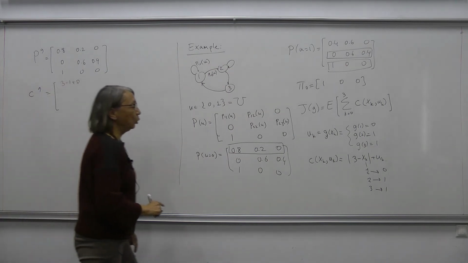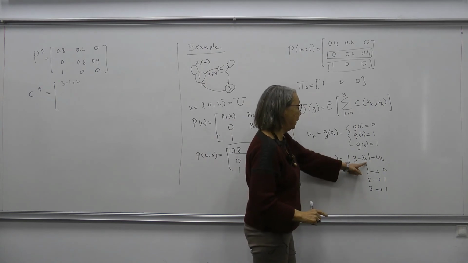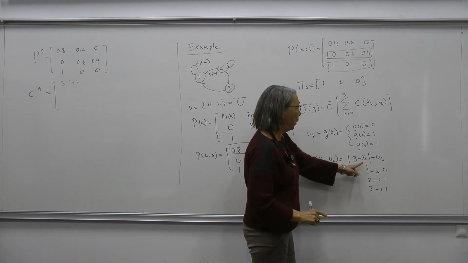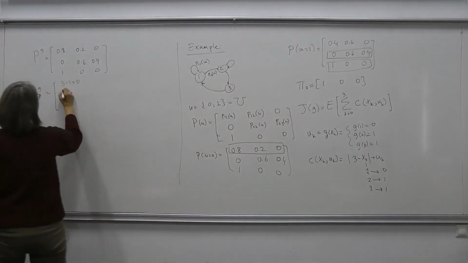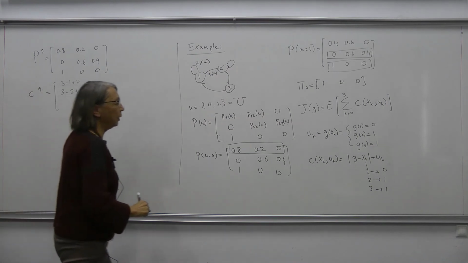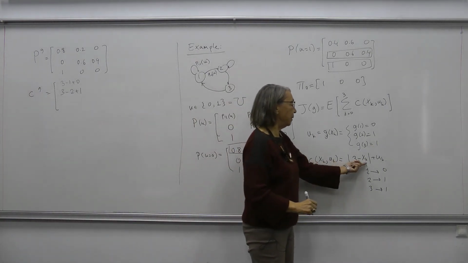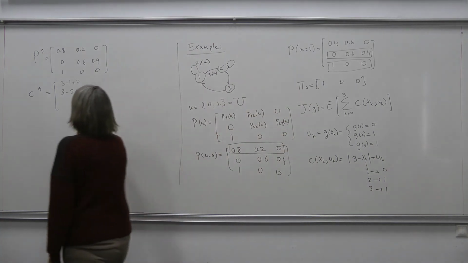When state is equal to 2, I have to use the input as 1 there. So we have 3 minus 2 plus 1. And when we're looking at the last state, this is 3 minus 3 is 0, but the input is equal to 1. So we have another 1 there.